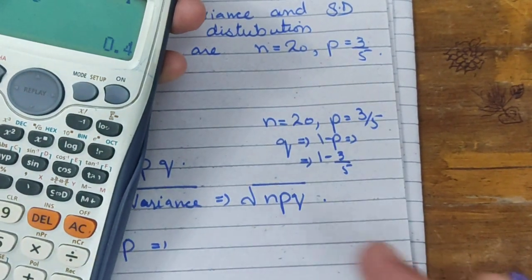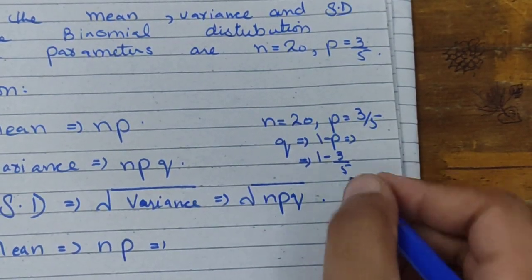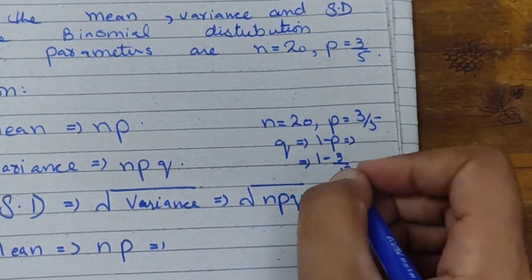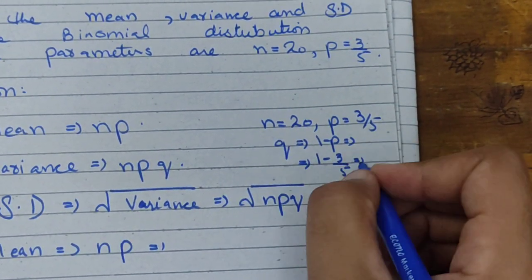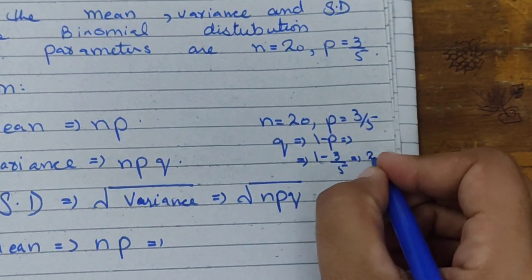So the answer is 0.4. You can write it in points or in decimal. Usually if I take the LCM, 5 minus 3 is equal to 2 by 5.